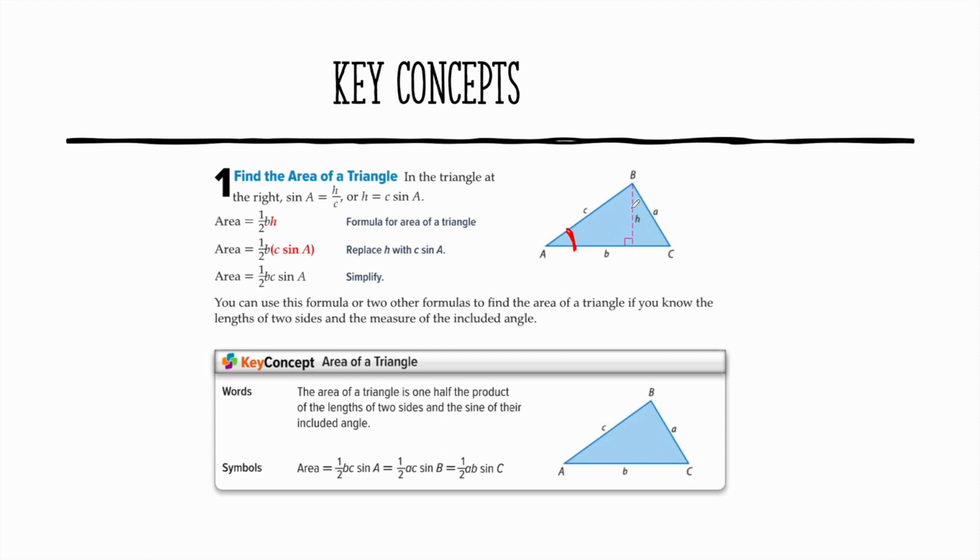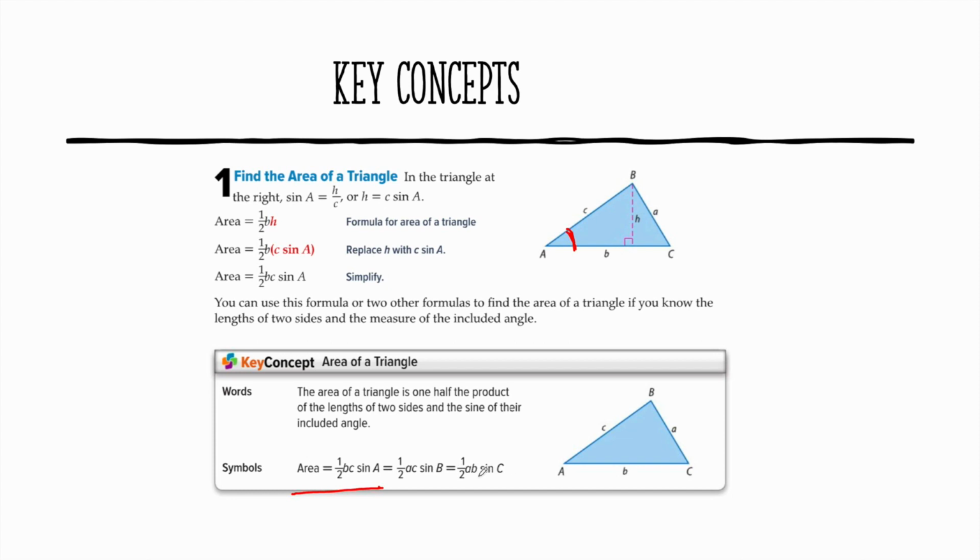So for the area, the rule is 1 over 2 BC multiplied by sine A. If you have the angle A, the included sides should be side B and C. If you have angle B, you have A and C. If you have C, you have A and B.